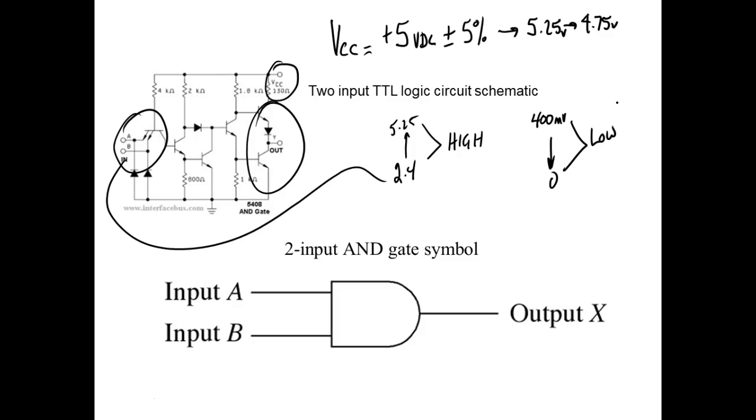So what is it if it's between 400 millivolts and 2.4 volts? We don't know what it's going to be. The gate is going to accept it as something. It's either going to accept it as a high or as a low, depending on how accurate these things are. But we don't know. So we never want the input to be in that range.